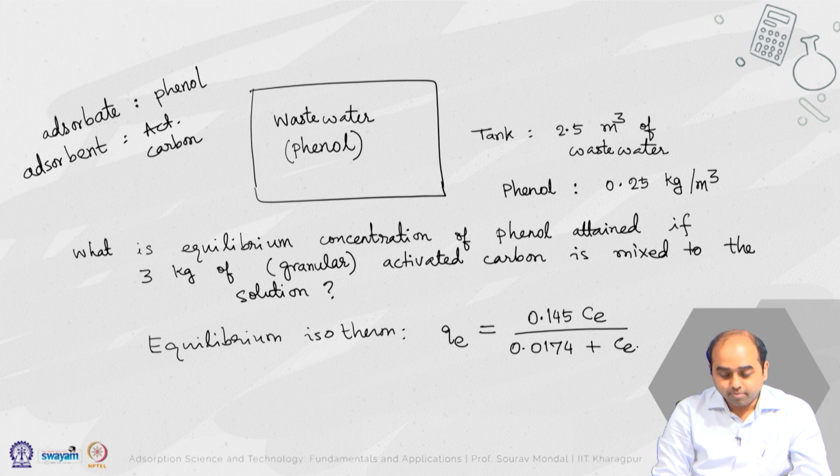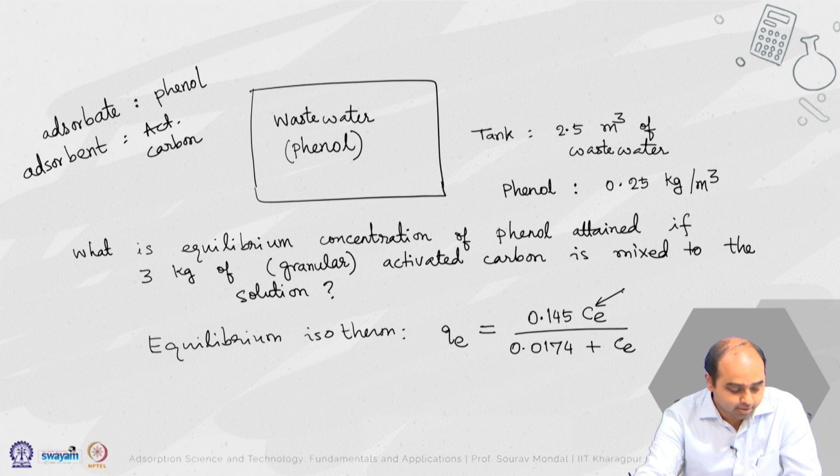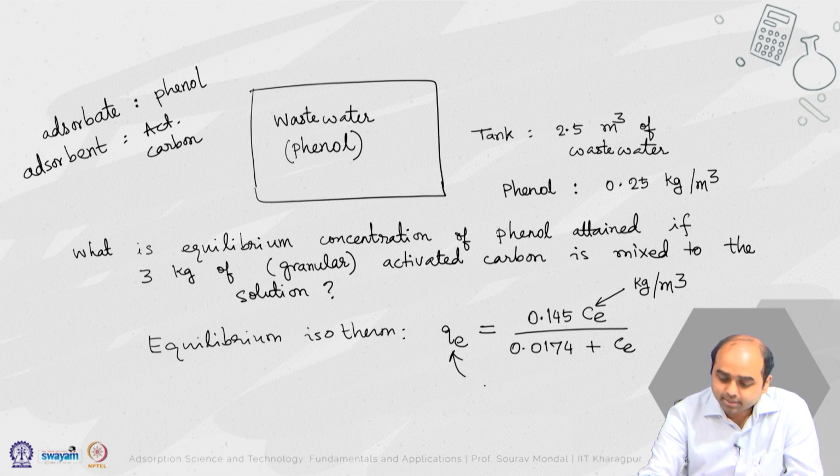The units are very important here. In this case, CE is in units of kg per meter cube, because the constants in this isotherm equation depend on the units of CE and QE, and QE represents the kg of adsorbate, which is the phenol, per kg of activated carbon.